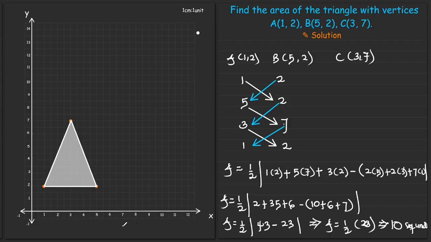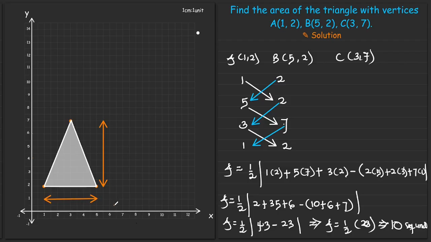So all we need is the area bounded by this. Now, since it is a triangle, we can look at it and determine the height. From the looks of it, from this side to this side is going to be our height, and from this side to this is going to be our base.